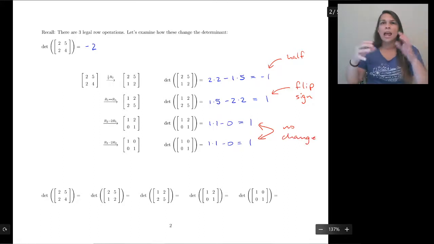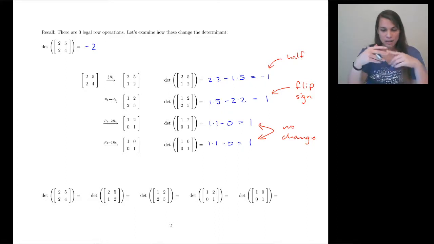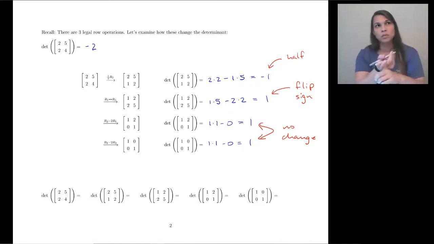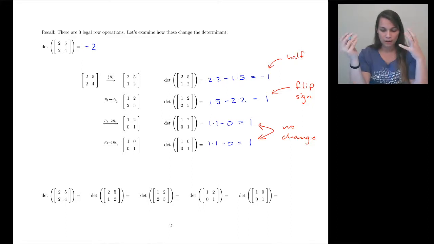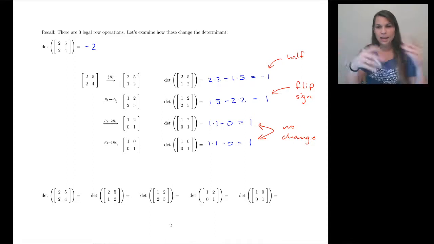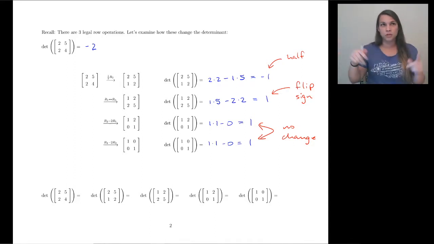And to me that kind of makes sense, because when we multiply by a scalar on a particular row, you are changing the matrix from the outside. And same with the row switch. It's like I have arbitrarily taken these things and moved them from the outside.